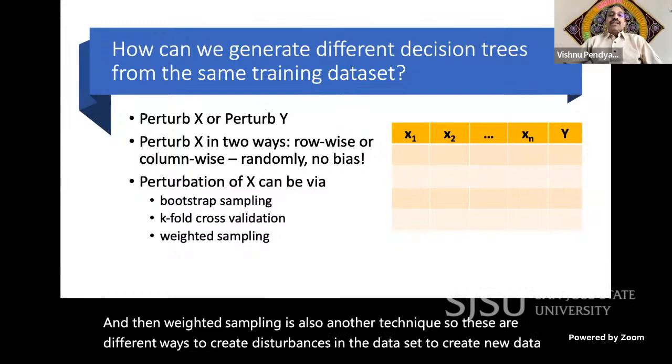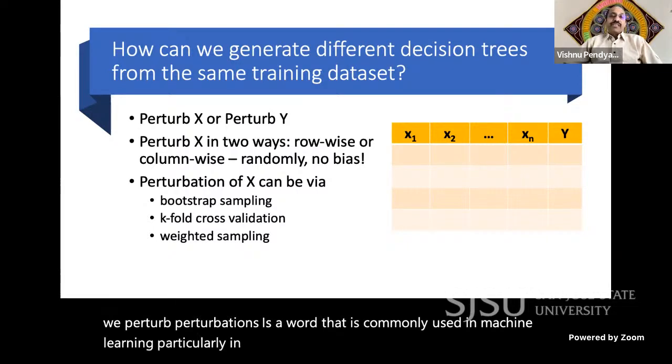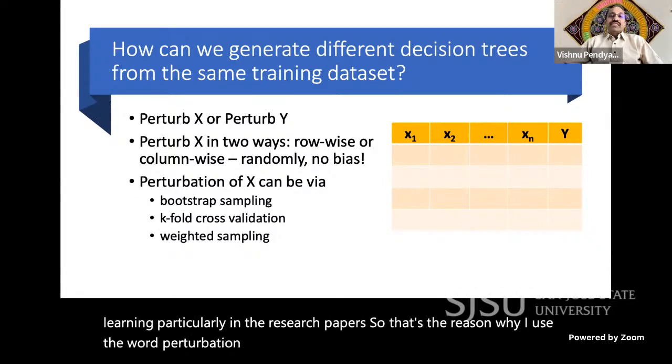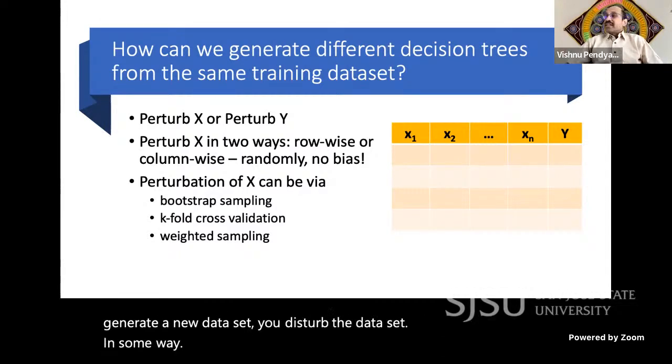We perturb. Perturbation is a word that is commonly used in machine learning, particularly in research papers. That's the reason why I use the word perturbation. But essentially what it means is you basically generate a new data set. You disturb the data set in some way, right? So that's the English meaning of perturb, I believe.